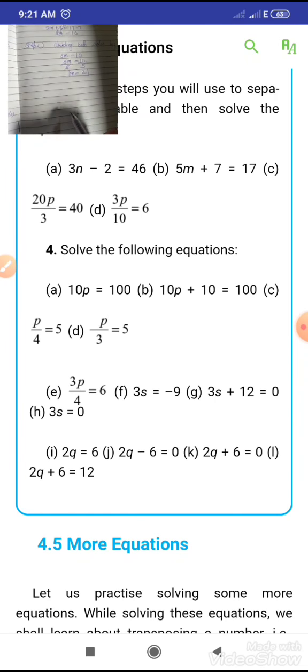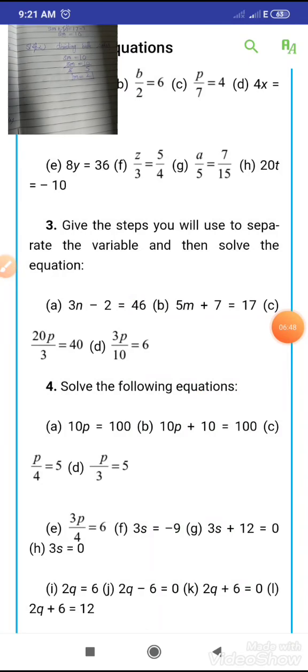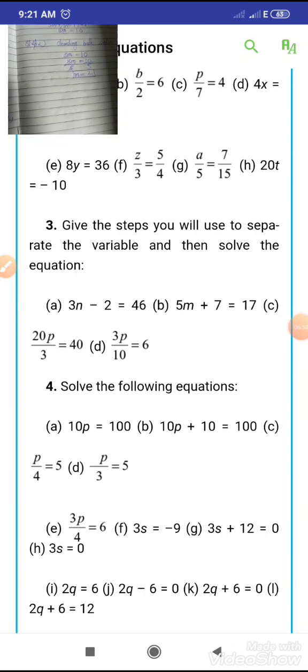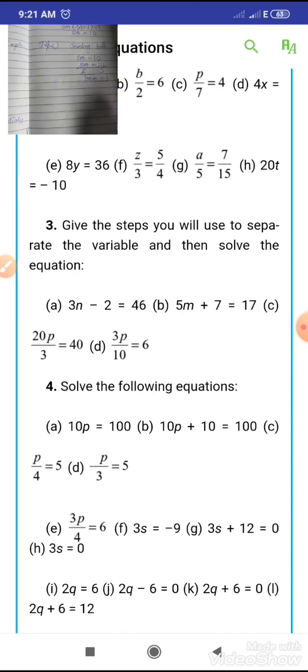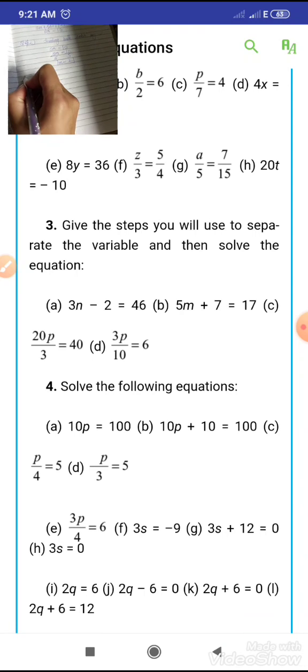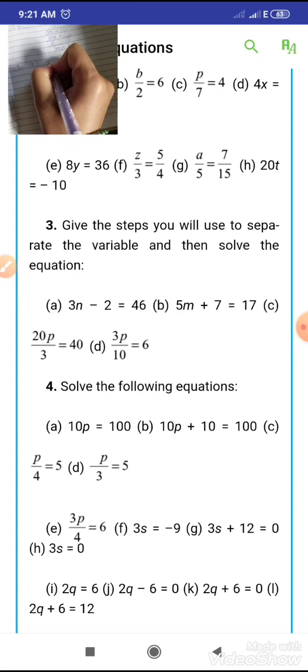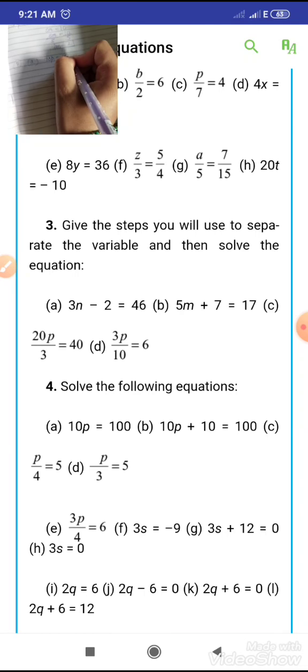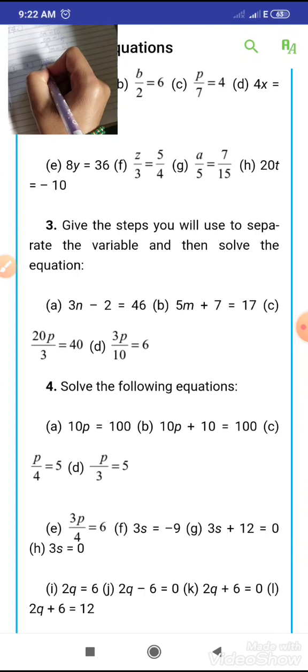And the fourth question is: solve the following equations. In this question, there is no need to write the step first that we will use to separate the variables. In this question, we directly solve our equations. For the first part we have 10p is equal to 100, and we have to separate p from 10.